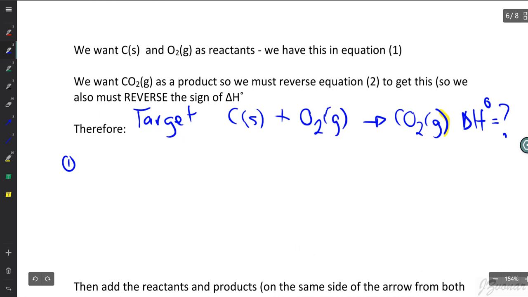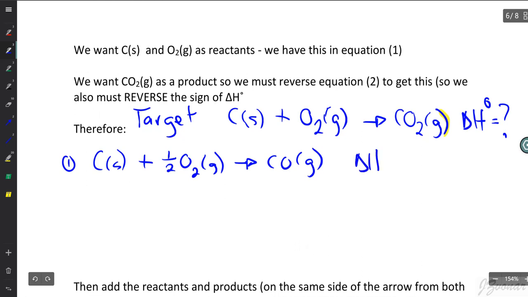Equation number 1, that we found from the reference table, is carbon plus half an oxygen produces carbon monoxide. And that we found in the reference table to have a value of minus 110.5 kilojoules.